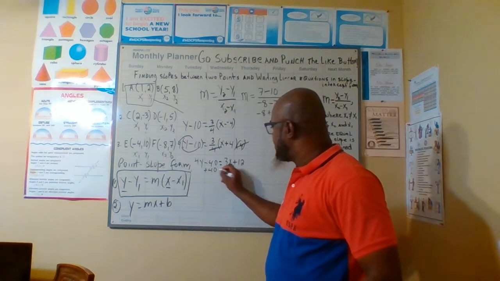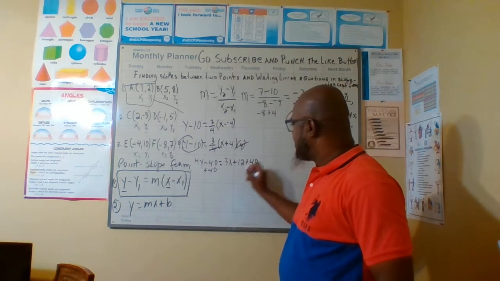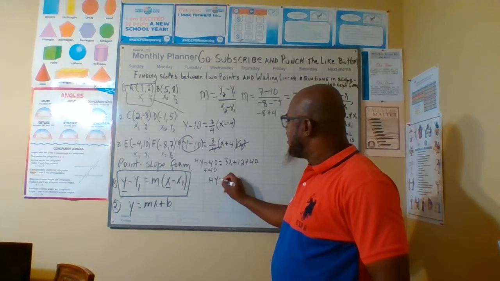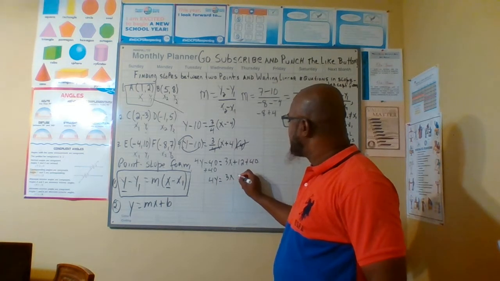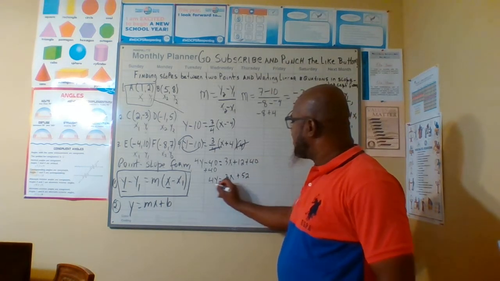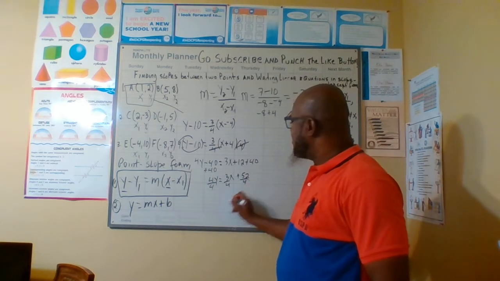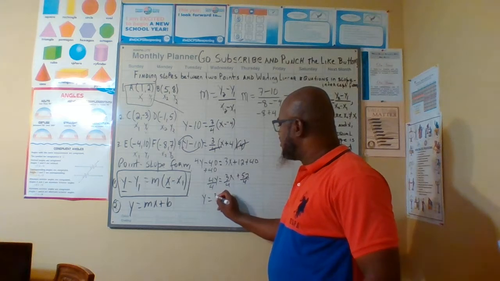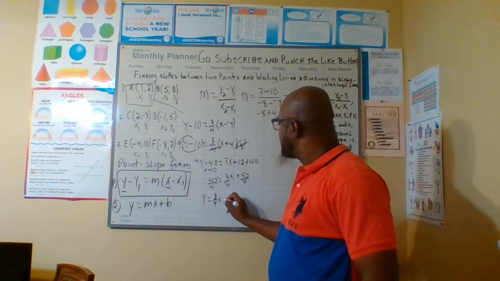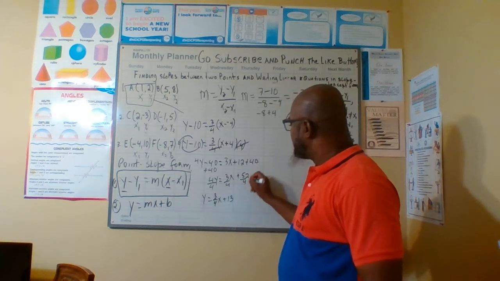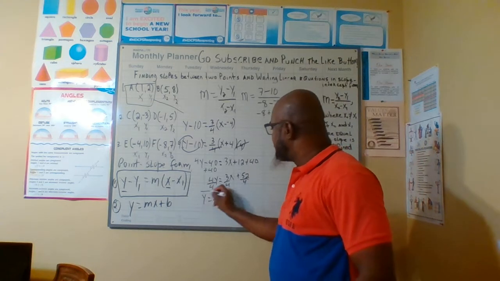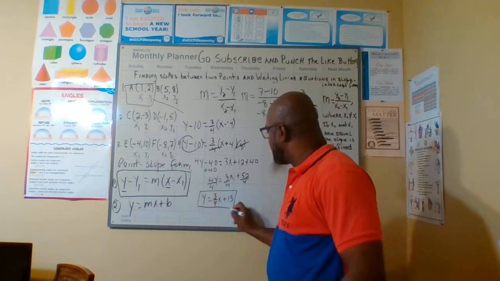You add 40, you add 40. I will have 4y is equal to 3x plus 52. And you divide by 4. You divide by 4. Then you will have y equal 3/4 x plus 13. 4 goes into 52 13 times.